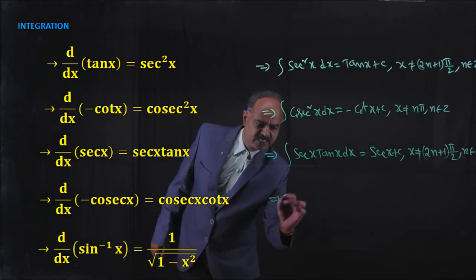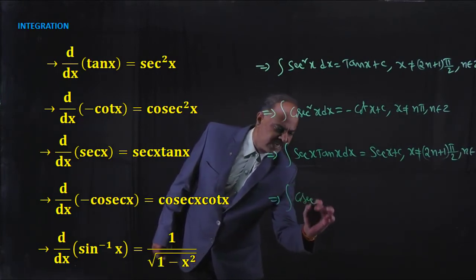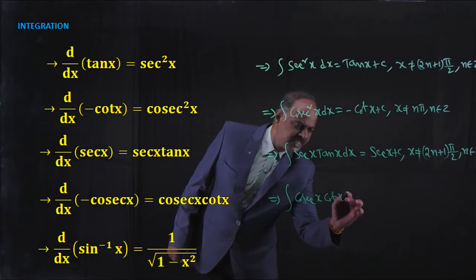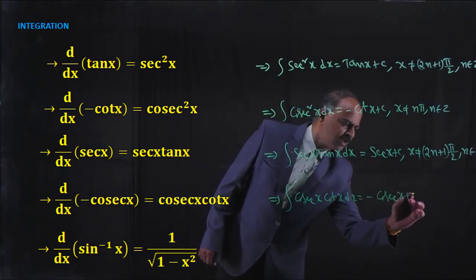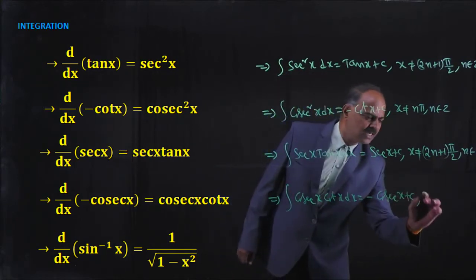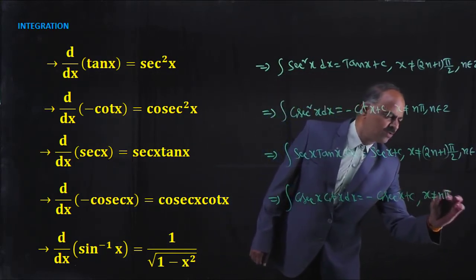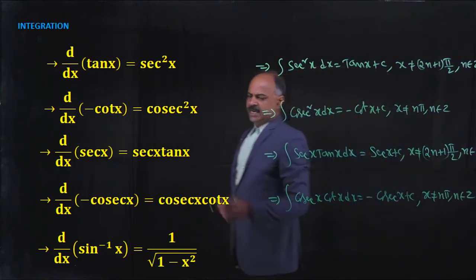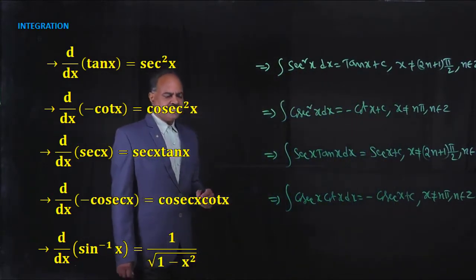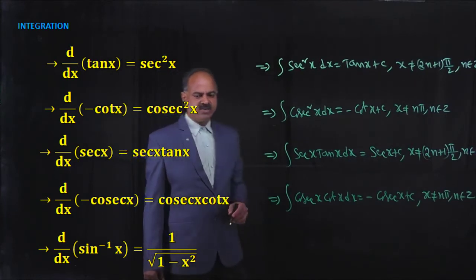So this implies integral cosecant x into cot x dx equals minus cosecant x plus c. Here x not equal to n pi, n belongs to Z.